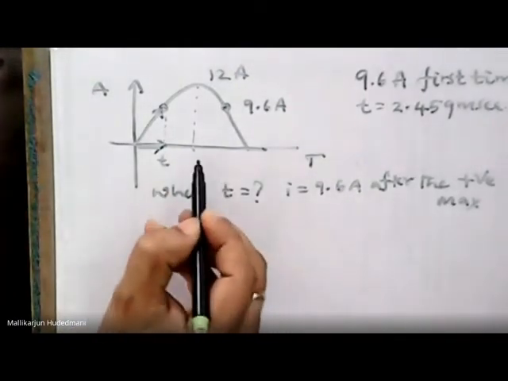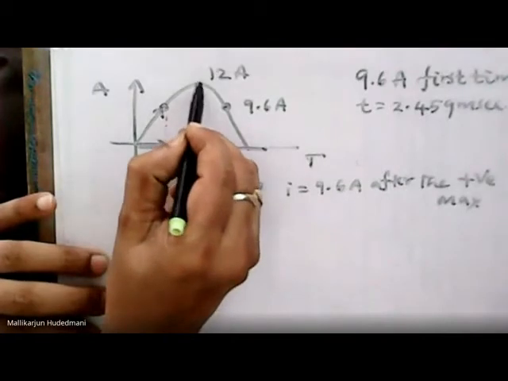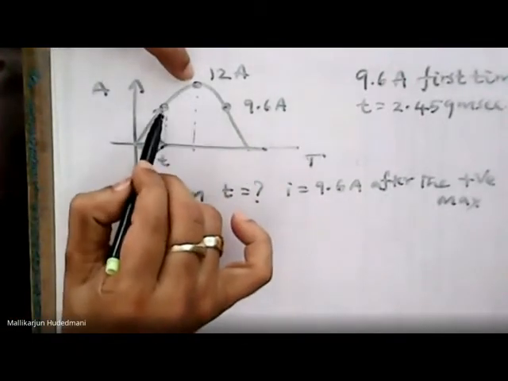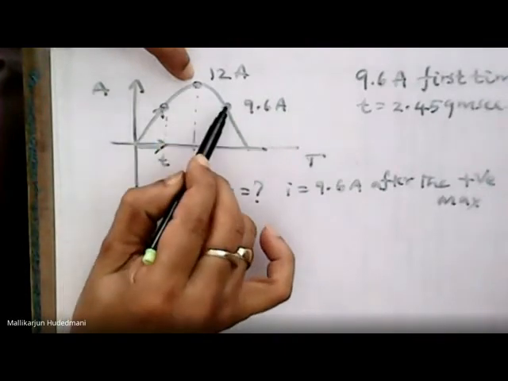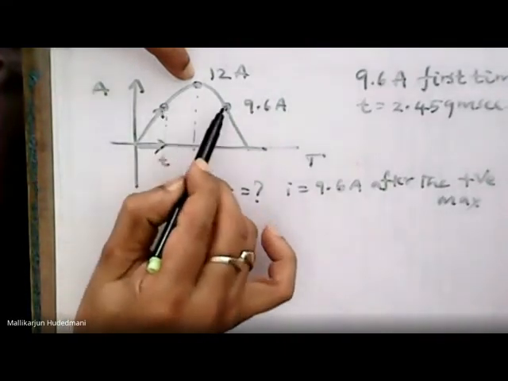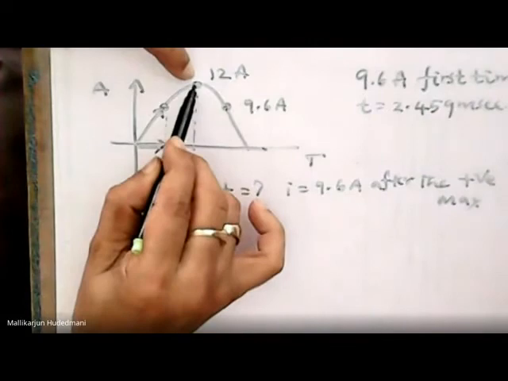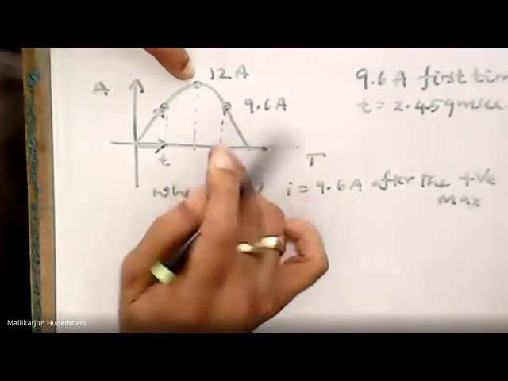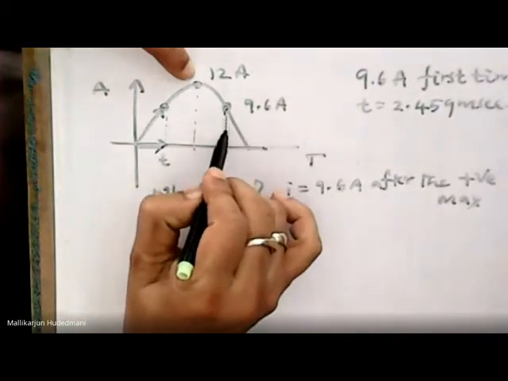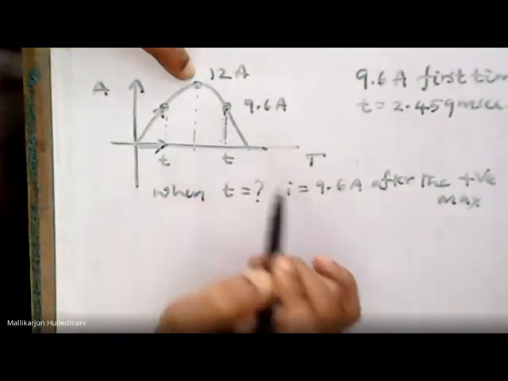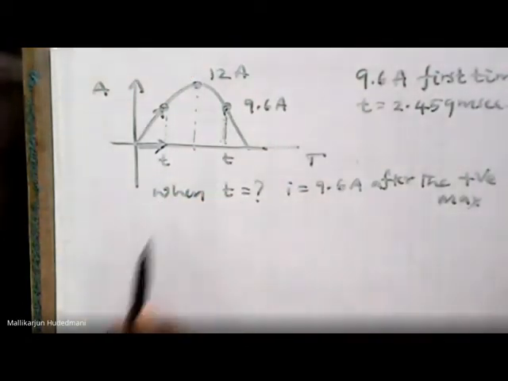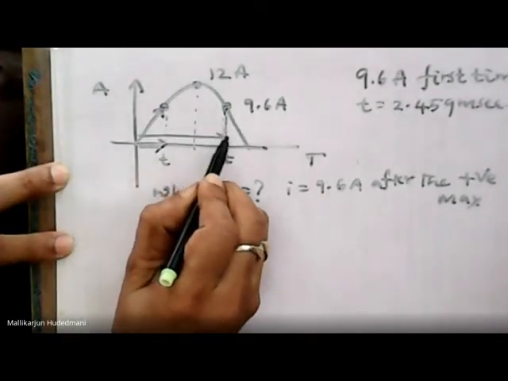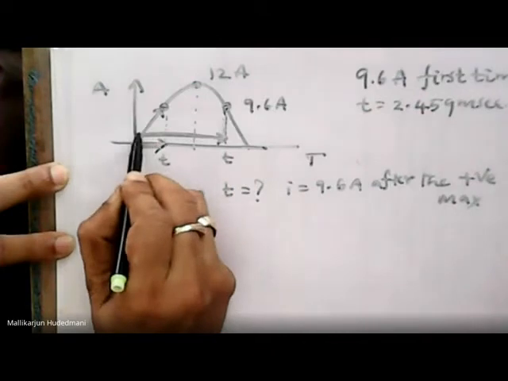Then I should see where the positive max is. Positive max is here. After the positive max, 9.6 is here, and 9.6 appears here. So for the value of 9.6 after the positive max, I am expecting this time. So let me make it. This is my t. This is my whole length of observation. You just see, this is the length I am expecting.